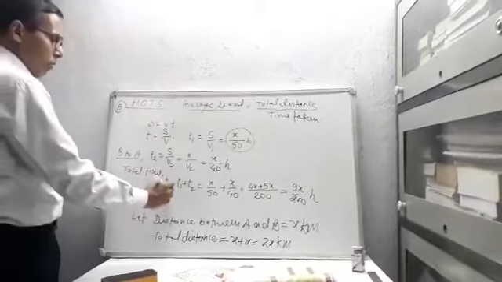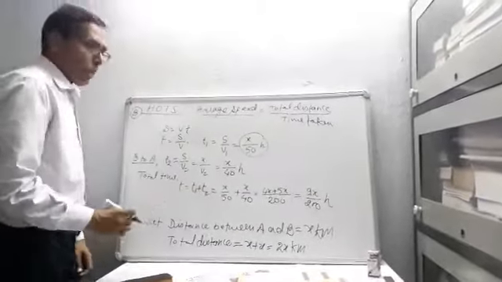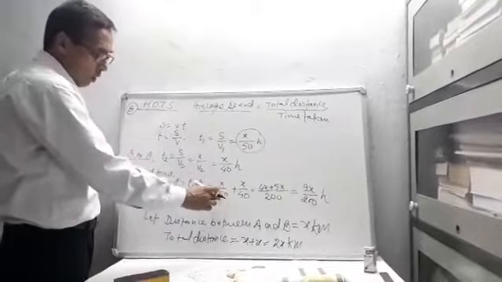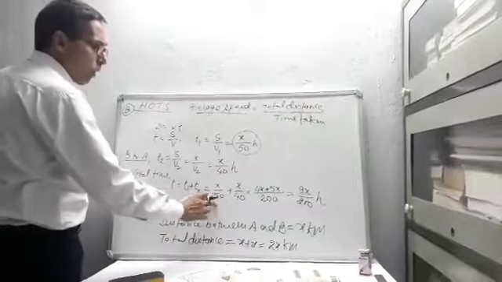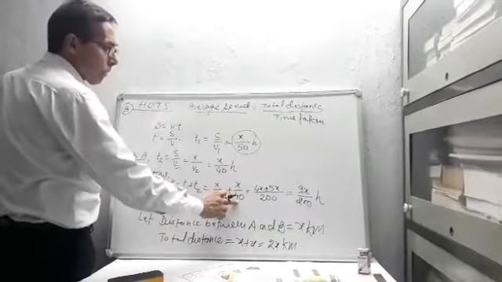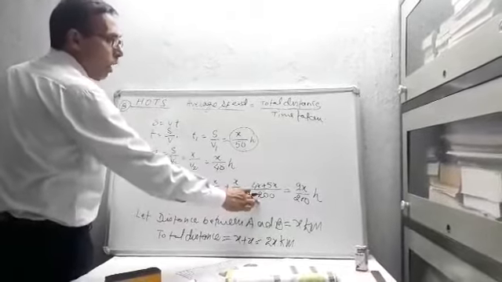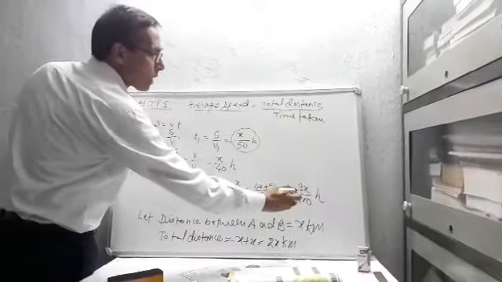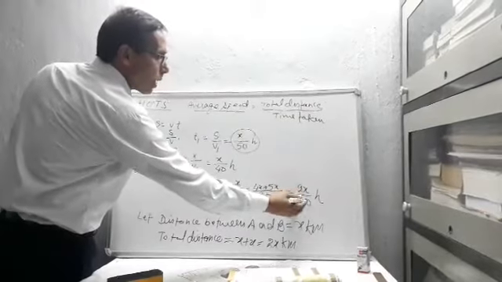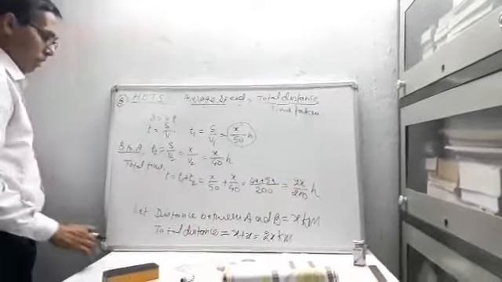This is the total time. T is equal to T1 plus T2, which is equal to x by 50 plus x by 40, and the LCM of 40 and 50 is 200, giving 9x by 200 hour.